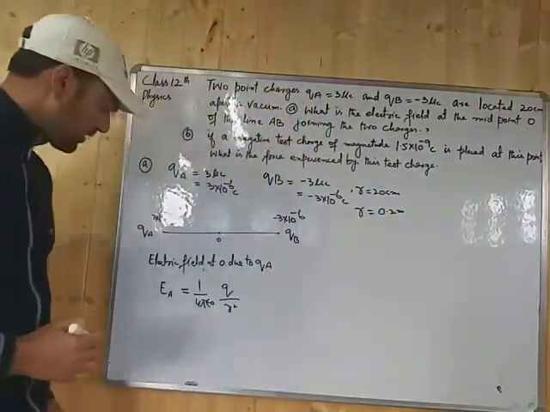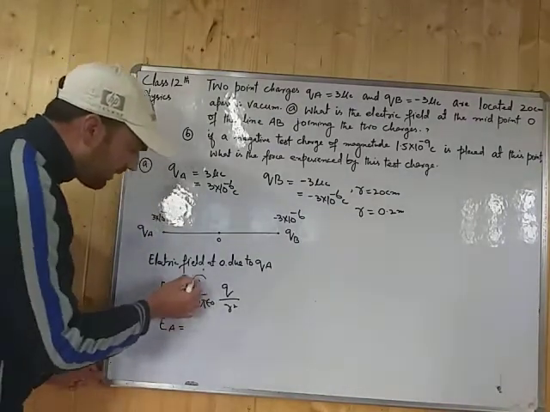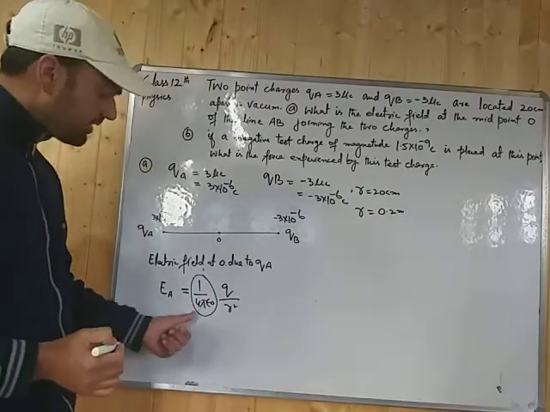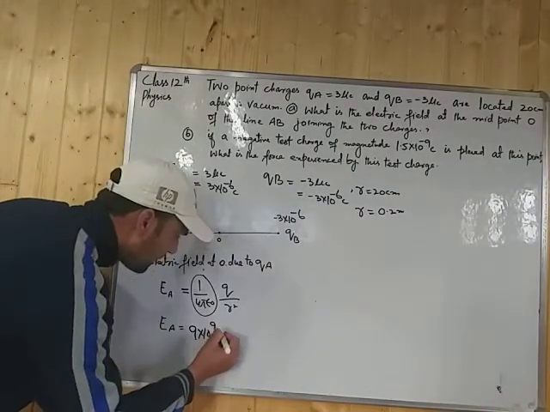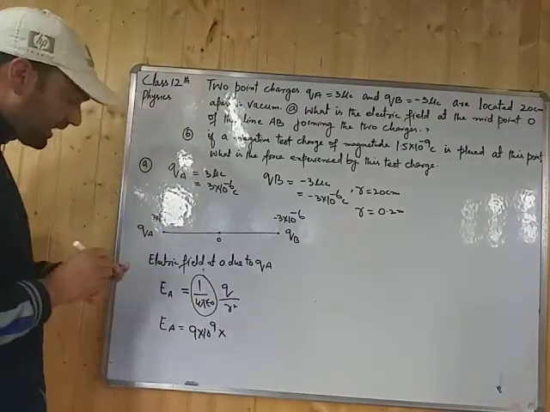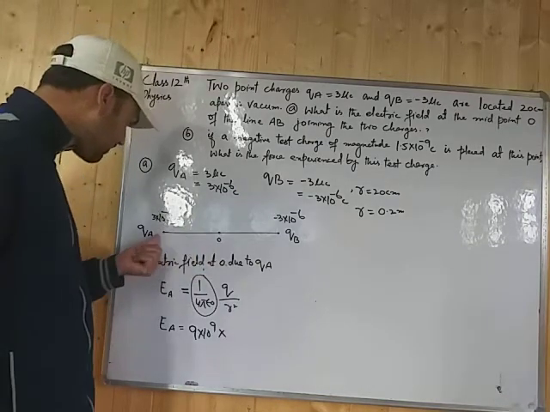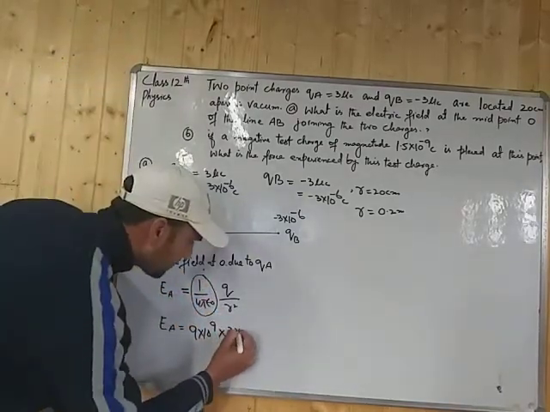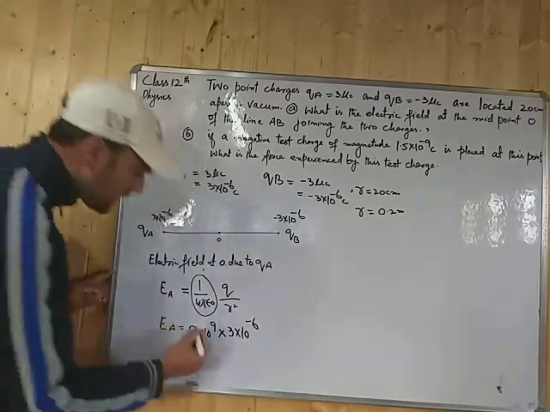So EA is equal to 1 divided by 4 pi epsilon naught, which is a calculated value equal to 9 into 10 raised to power 9, into Q. The charge here is 3 into 10 raised to power minus 6 coulombs, since we have to calculate the electric field at this point due to this charge.